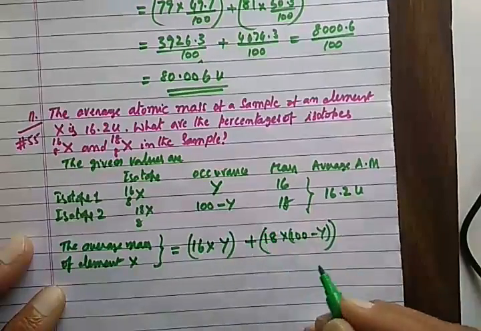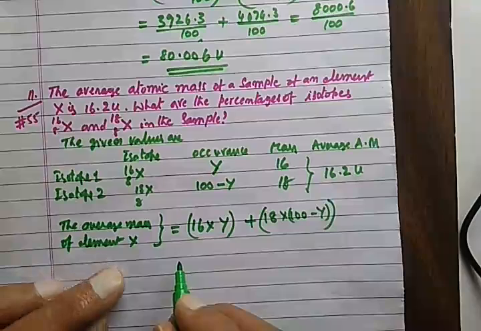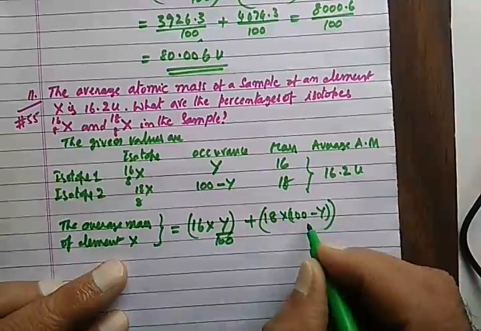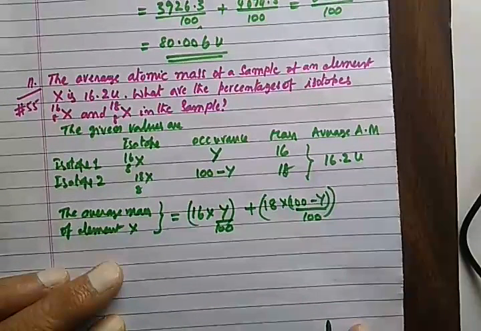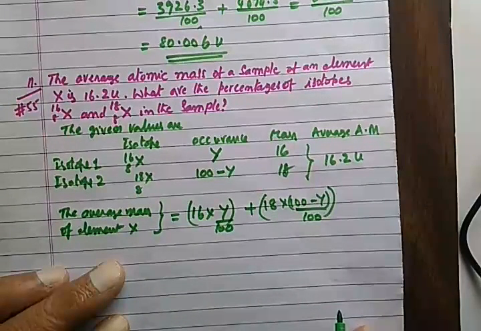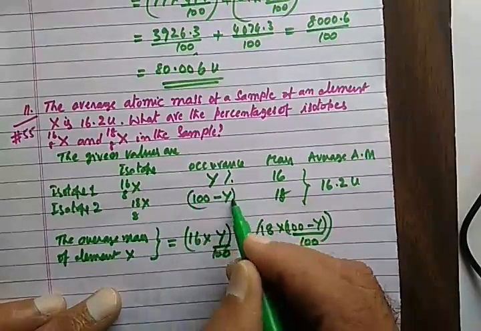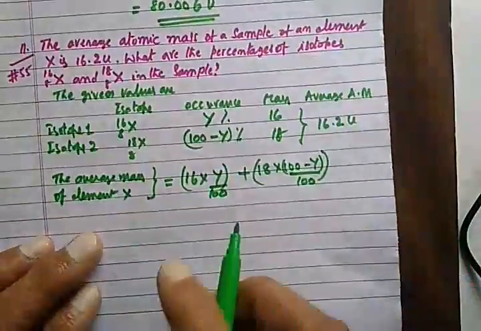So I will put one more bracket. Percentage, so I will put 100 here straight away. Or for clarity, we assumed it as percentage. Okay, so you can put this.